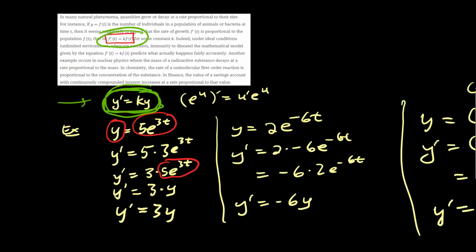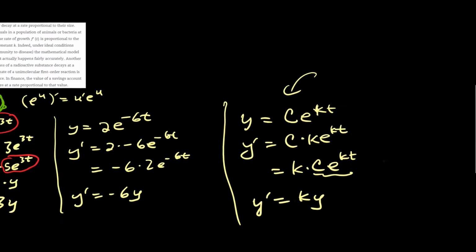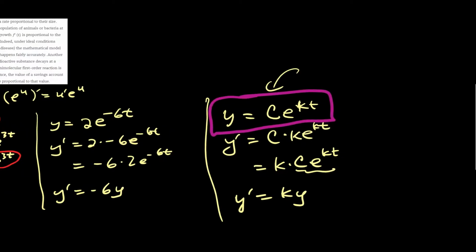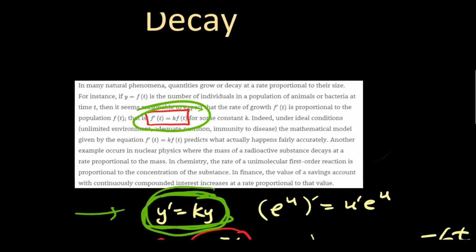So it would make sense that c e to the kt is a really nice function that we can work with. And so this is why it's called exponential growth and decay, because there is an exponential function involved with this. It basically solves the problem of what they talked about in this paragraph.